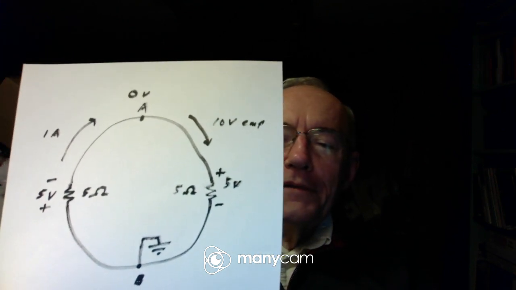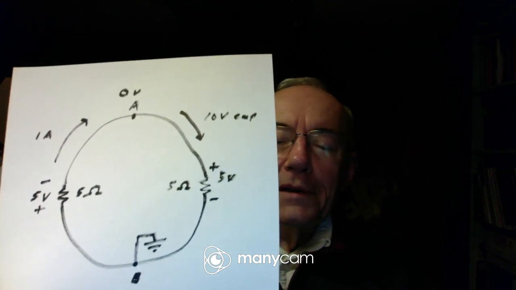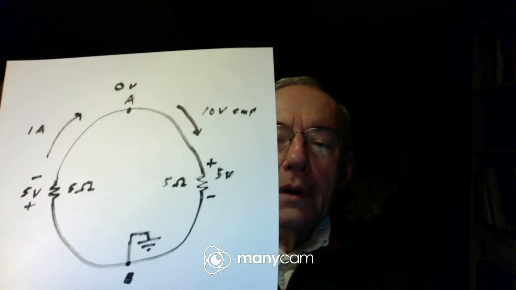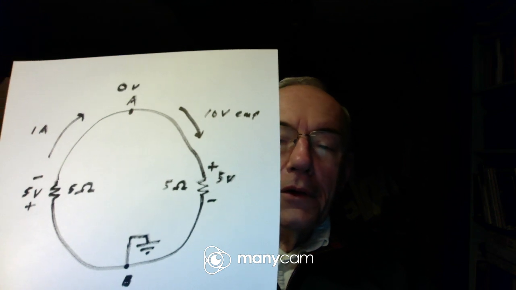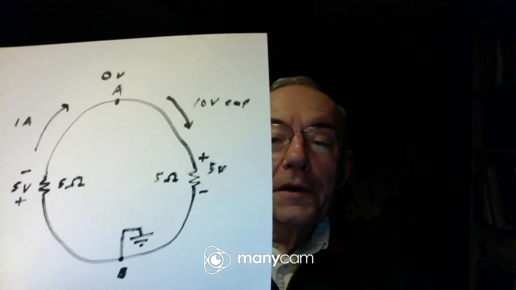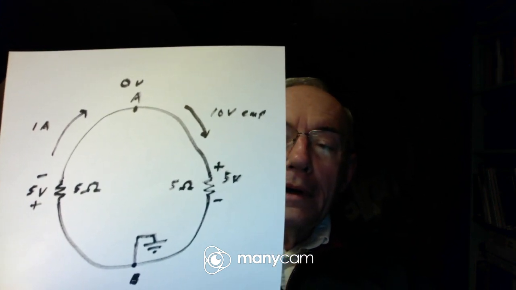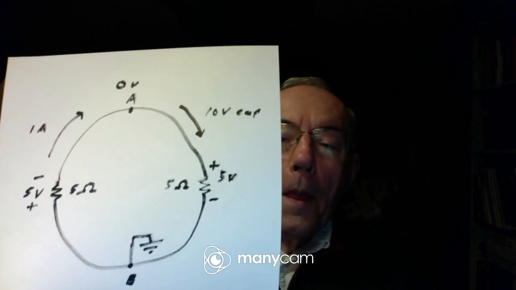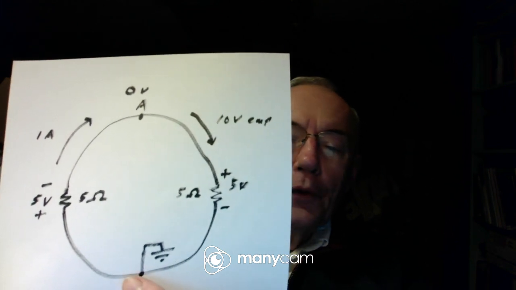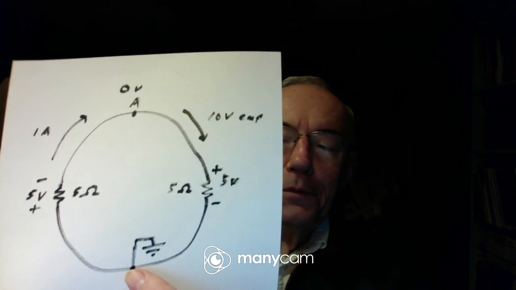Let's assume there's 10 volts of EMF induced in this circuit. And there's 10 ohms total resistance, so that gives, again, 1 ampere current. Now, we'll start at the ground here. It's just a 0 point.